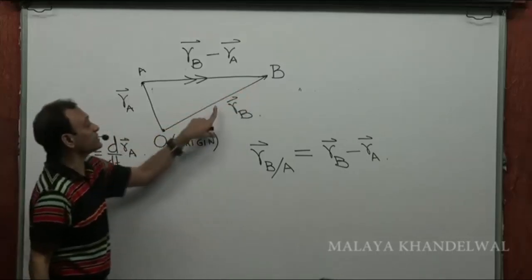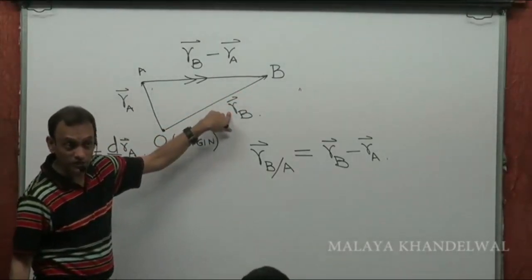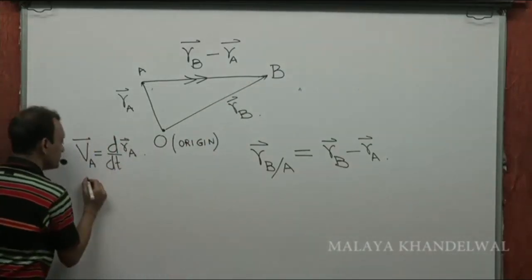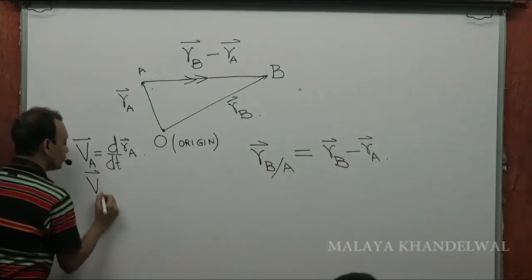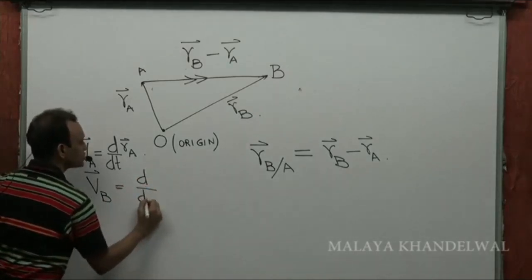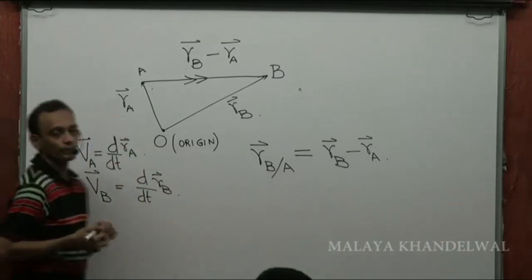Velocity of B is measured by how RB changes with time. Yes or no? Velocity of B as measured by O, which is VB as seen by O, is how RB changes with time. Yes or no? Clear?